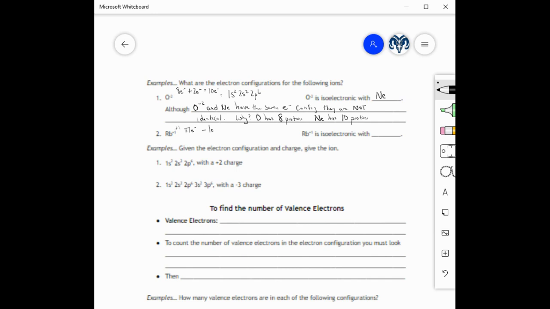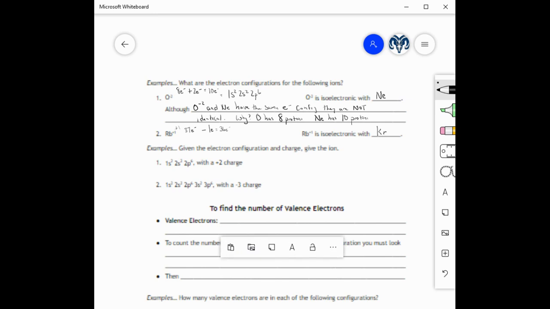So 37 electrons minus 1 electron gives me 36 electrons. So rubidium wants to be like krypton. It's isoelectronic with krypton.